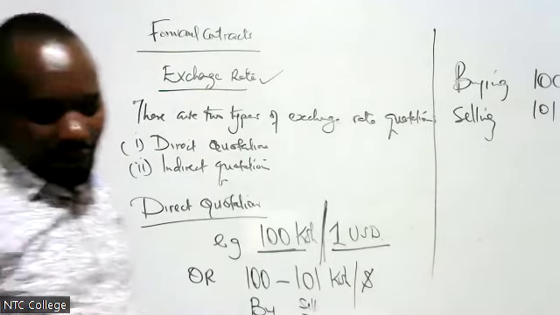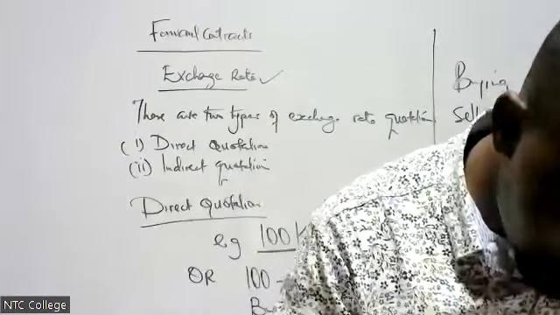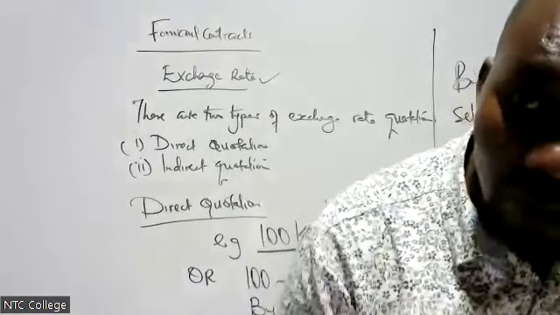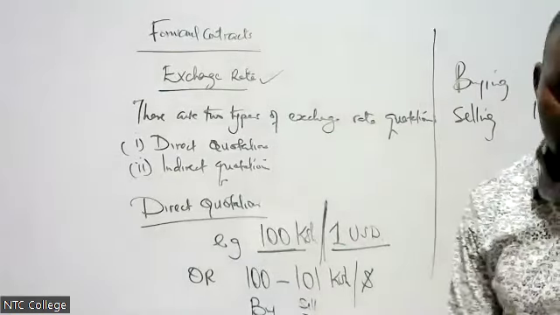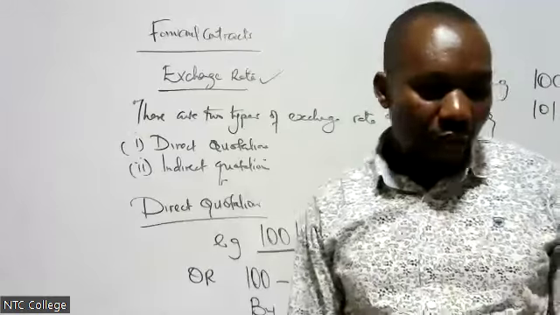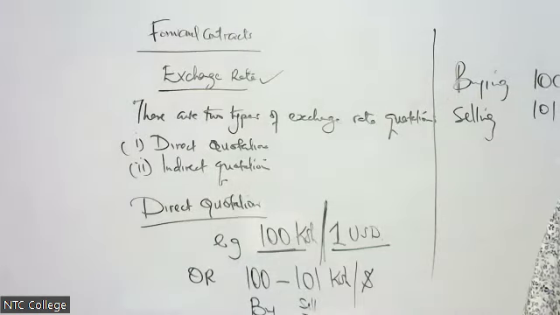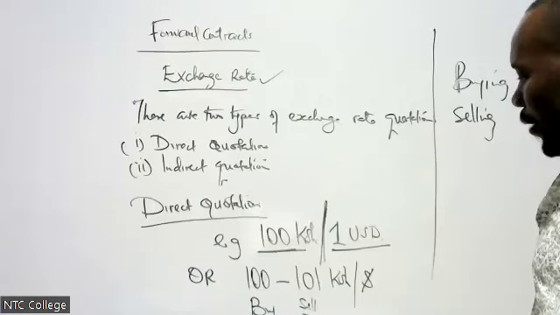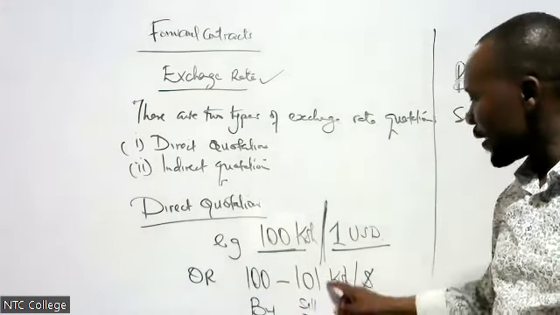I want to say that for direct quotation, banks will always buy low and sell high. For direct quotation, the bank will always buy at a lower price and sell at a higher price.